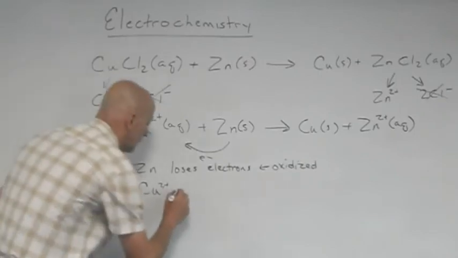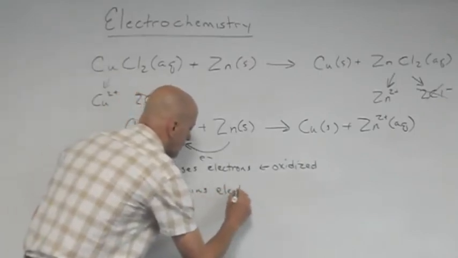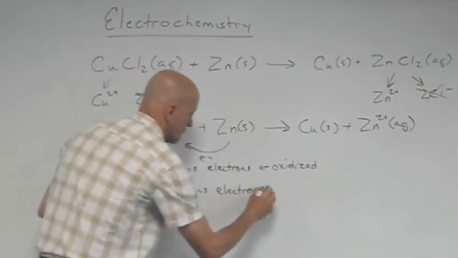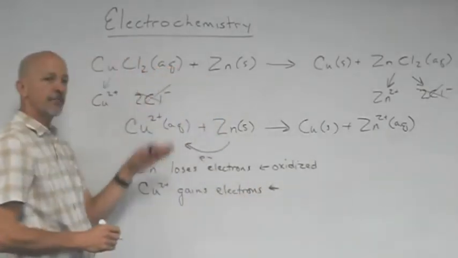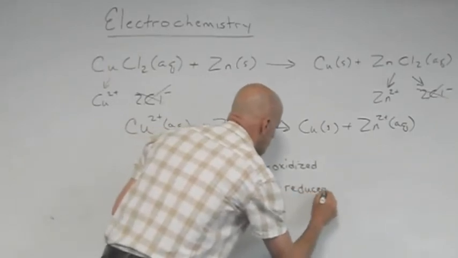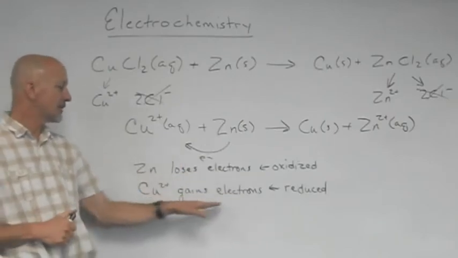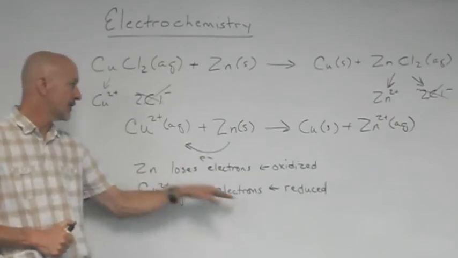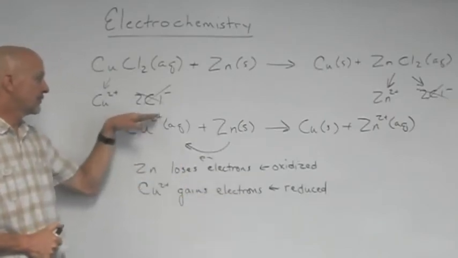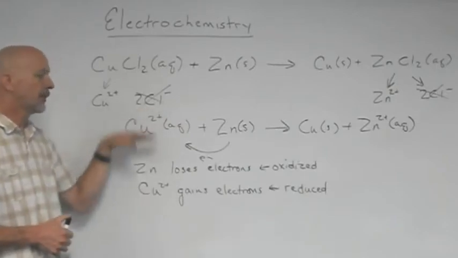Copper is gaining, and we call that being reduced. We can think of being reduced as meaning it's adding negative charges, gaining negative charges. So this charge is being reduced from more positive to less positive.